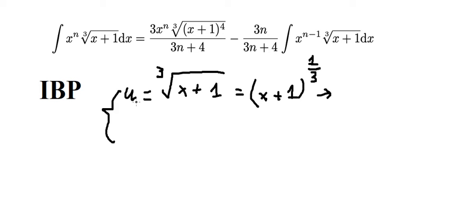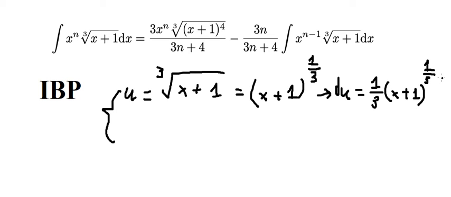So the derivative is 1 over 3 times x plus 1 to the power of 1 over 3 minus 1. This number in here is negative 2 over 3.